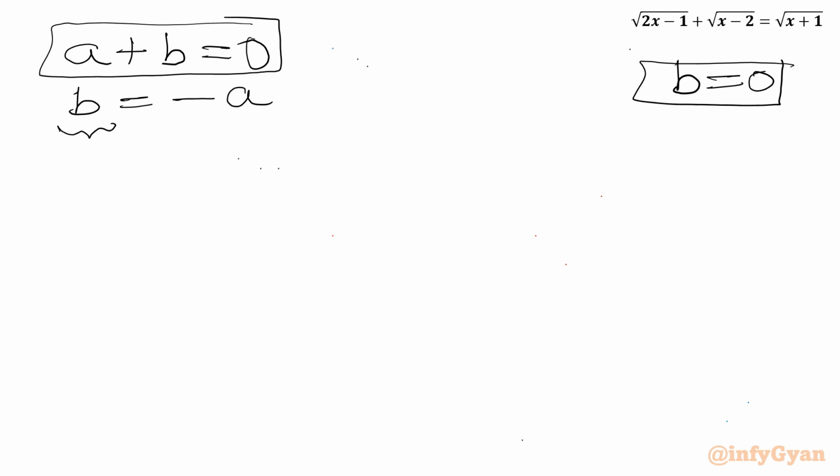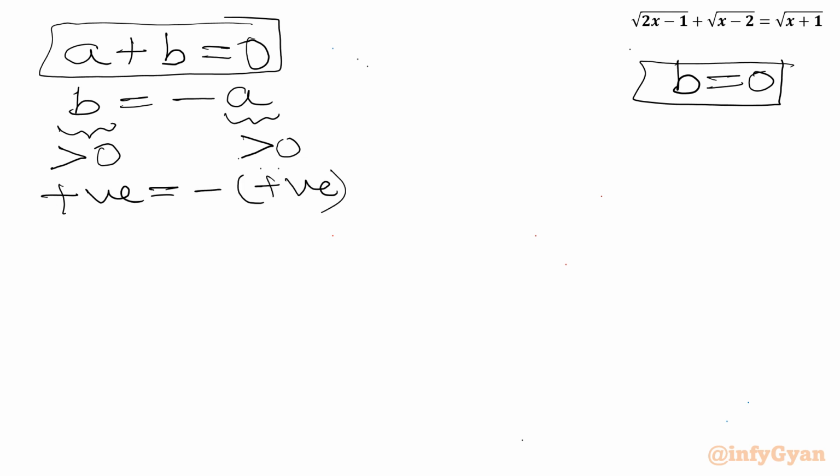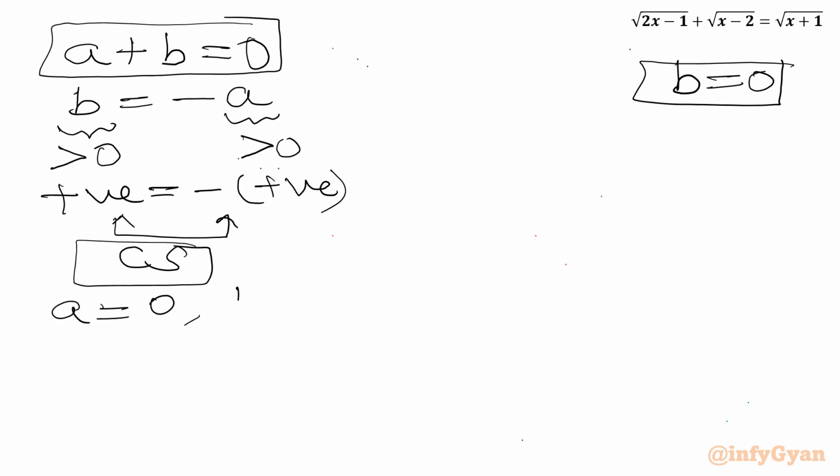Since a and b both are greater than or equal to 0, I am splitting into two conditions, b greater than 0, a greater than 0. So the left hand side will be positive and the RHS will be negative times positive. So this will generate complex solutions. So the only condition which will hold true is when a equal to 0 and b equal to 0.